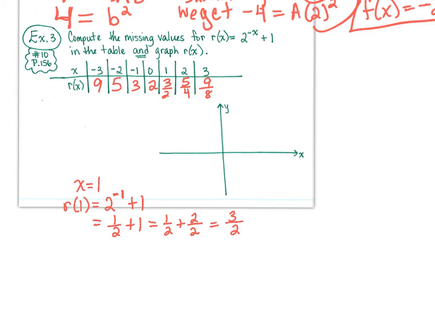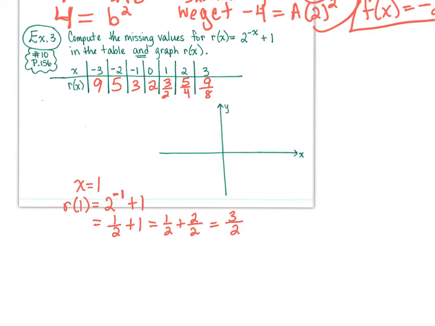So, my question to you is, whenever we graph this, what is your x-axis acting as? Or what's your horizontal asymptote in this case?